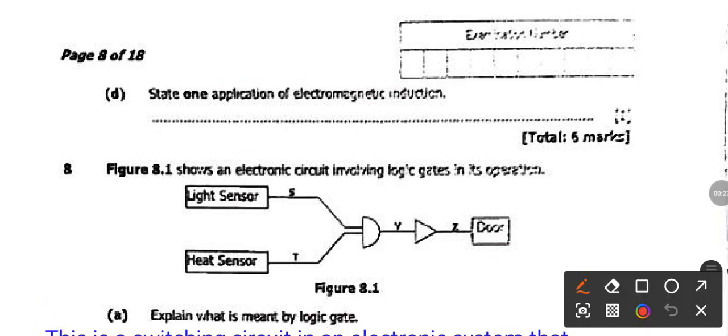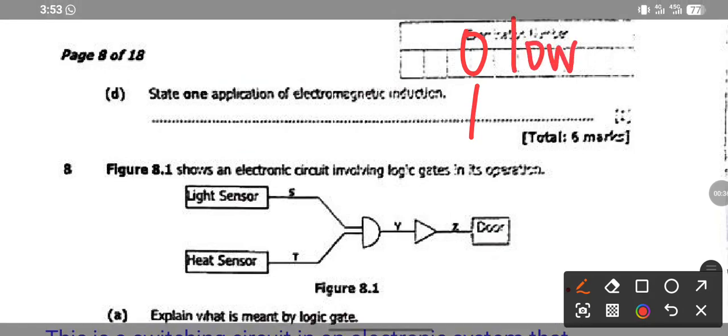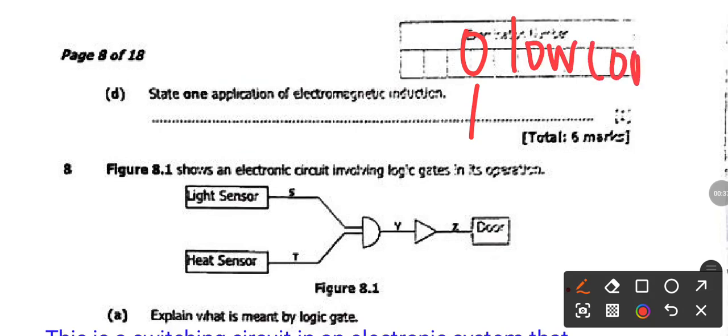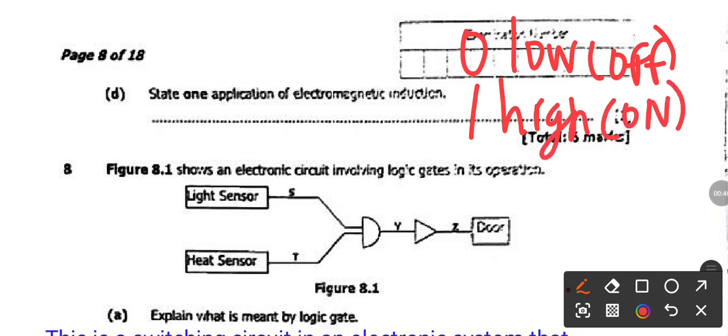So this means that a logic gate will work with only two numbers, and those two numbers are 0 and 1. In a logic gate, 0 means low, which we can think of as being off. Then 1 means high, which we can think of as being on.